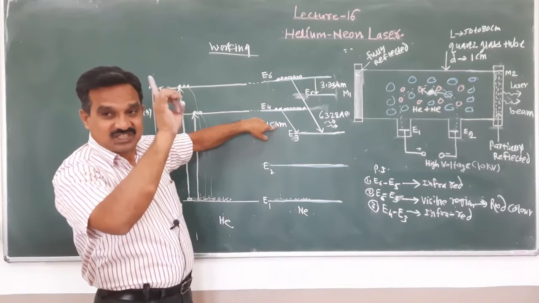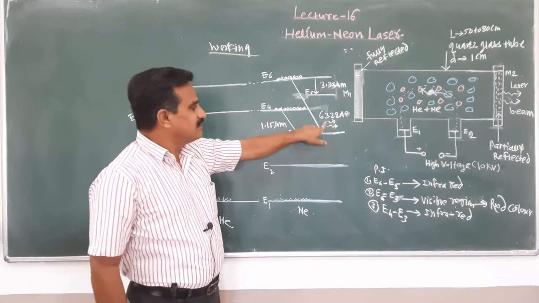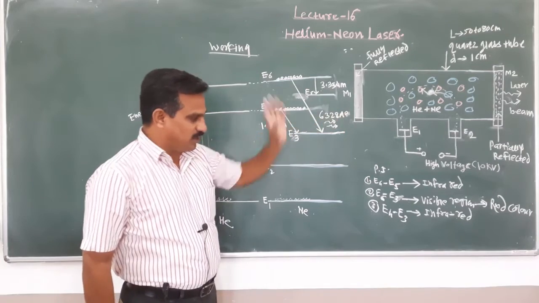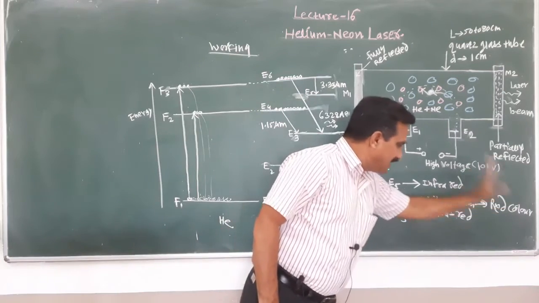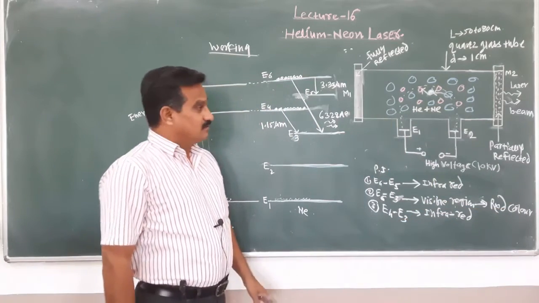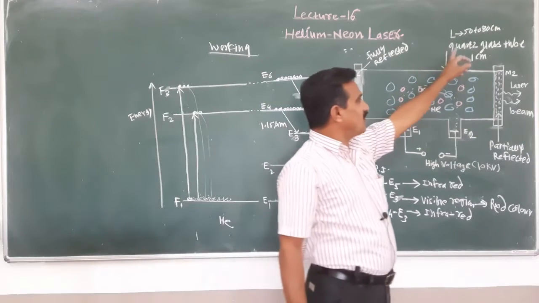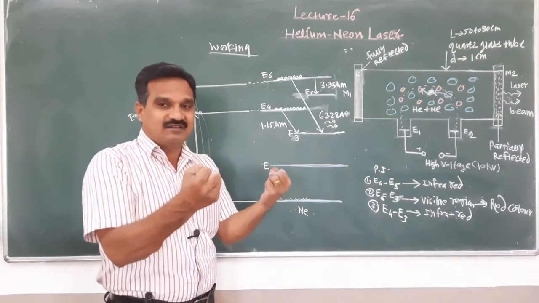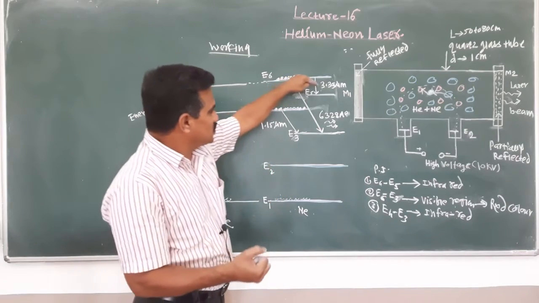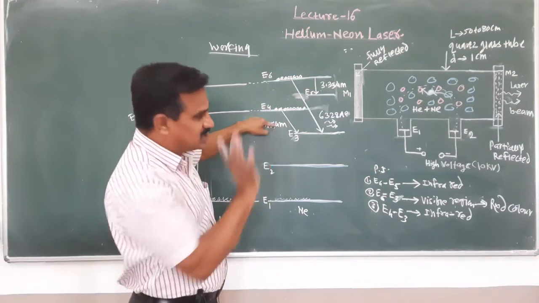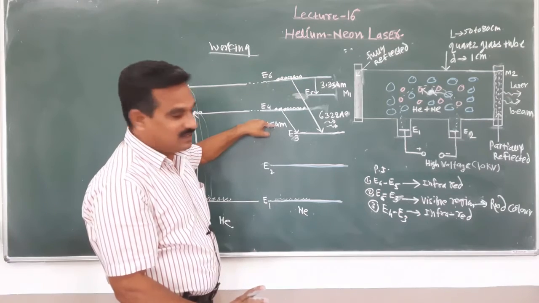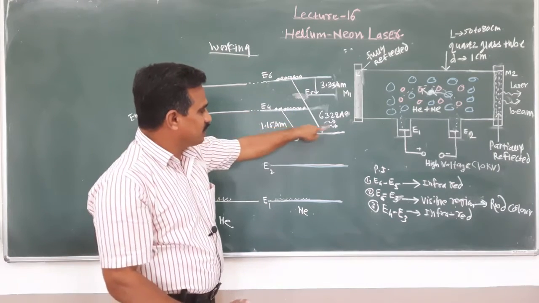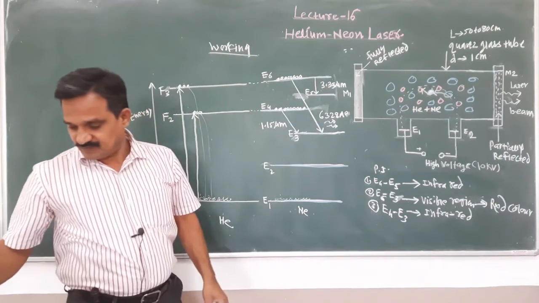Only one radiation remains, the 6328 angstrom, and that's why we get red color. This is actually the laser beam.